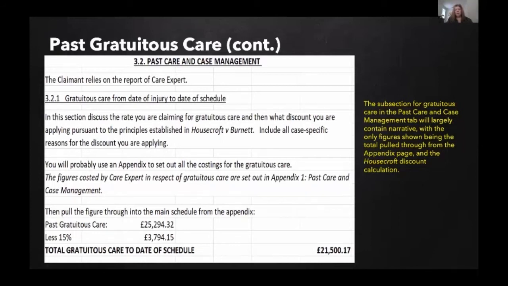Only deducted 15% for gratuitous care. Our Back to Basics webinar is not the place to go into details, and I don't think anyone needs to see Ben and I arguing over this. I agree with Ben, the Housecroft discount will usually be 25%, and it almost certainly would be in Penny's. But there are exceptional cases with strong evidence for a lower deduction.